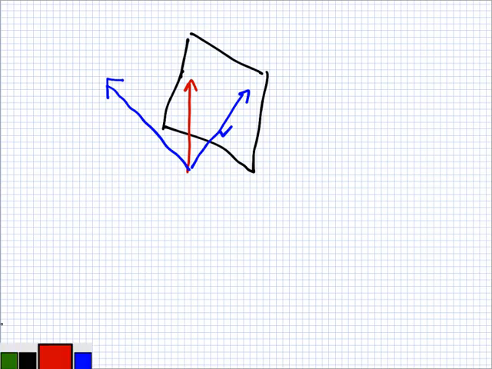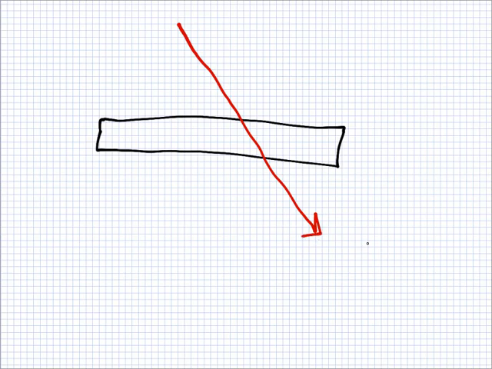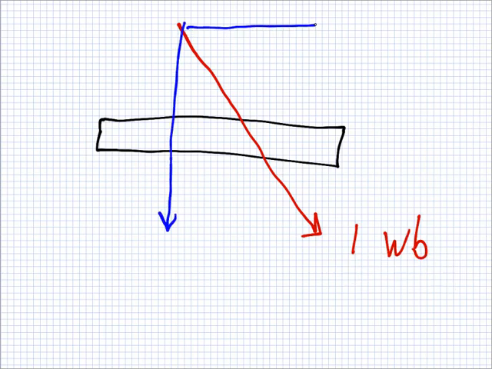Maybe I should draw this in a different perspective. So let me just draw that again. So let's say that the direction for the field, there's 1 Weber, is at an angle. So we care about this one, but we don't care about this one because it doesn't go through the area. And here this is theta.